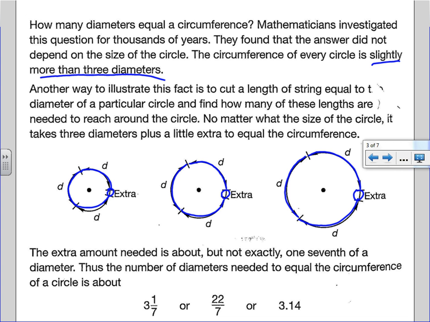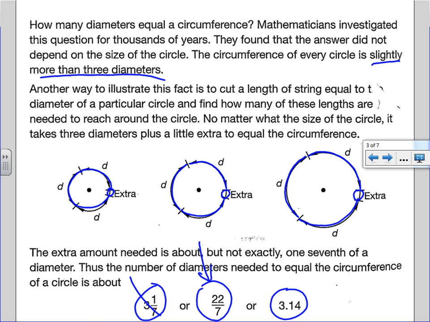Thus, the number of diameters needed to equal the circumference of a circle is about, and down here we have written 3 1/7, which we also call 22/7. This is what they will talk about, usually not this one. Or the decimal form, which is 3.14, and we all know that that is rounded to 2 decimal places.